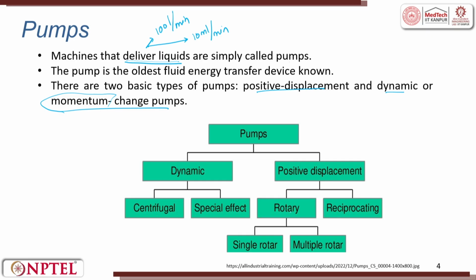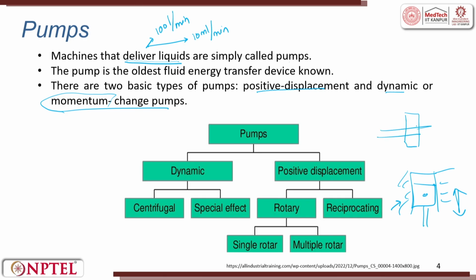Under positive, we are further classifying it into rotary and reciprocatory. So, you have a piston where the piston is moving through a cylinder. So, this is called reciprocatory. When it is rotary, you will have a rotor.